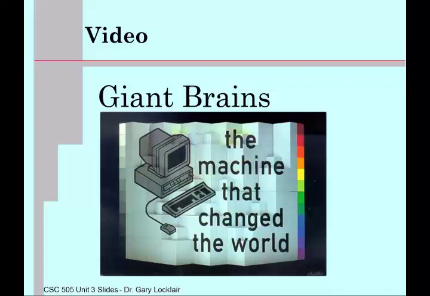The first episode in this series, The Machine That Changed the World, is called Giant Brains. It's all about the historic development of IT and computers. We've talked about some, but others we didn't get to see. Although when they show you current stuff like an Apple II and a floppy disk, don't let that throw you off. It's going to give you some of these insights. I tried to give you some background so that you can understand what's happening there.